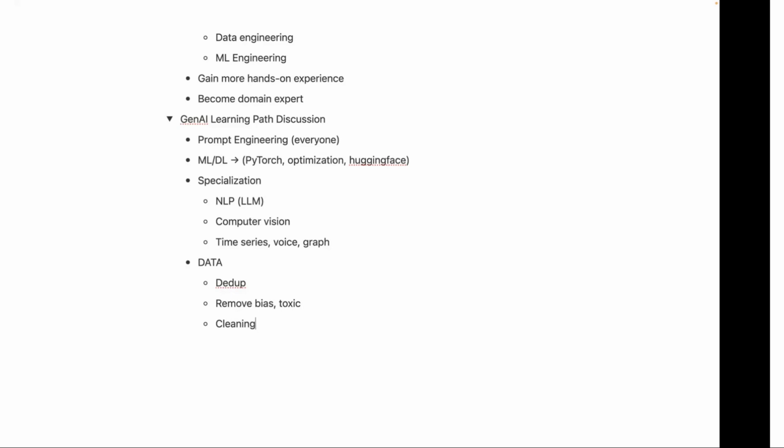That's a very important topic. There are 7-8 different steps you need to go through, but focusing on that is going to help you build some moat and advantages. A lot of companies, when they interview people who are generative AI specialists, are definitely going to ask you about data preparation, because they may already have the core algorithms, right?